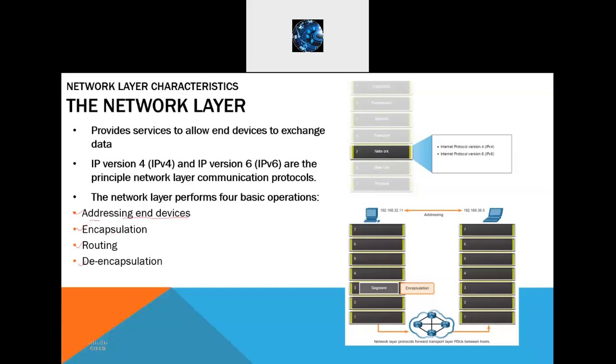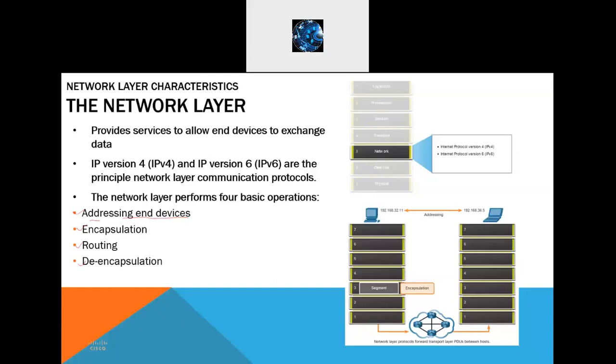What do we mean by that? The moment you assign an IP address to your computer, to your router, or to your switch, you are basically activating a protocol called IP, and that protocol resides at layer 3. Computers don't come with IP addresses by default like MAC addresses. So if I'm sending a message to you right now, something needs to happen to that message at layer 3. The source IP address, which is the IP address of the sender, must be added to that message, and the destination IP address of the receiver must also be added.